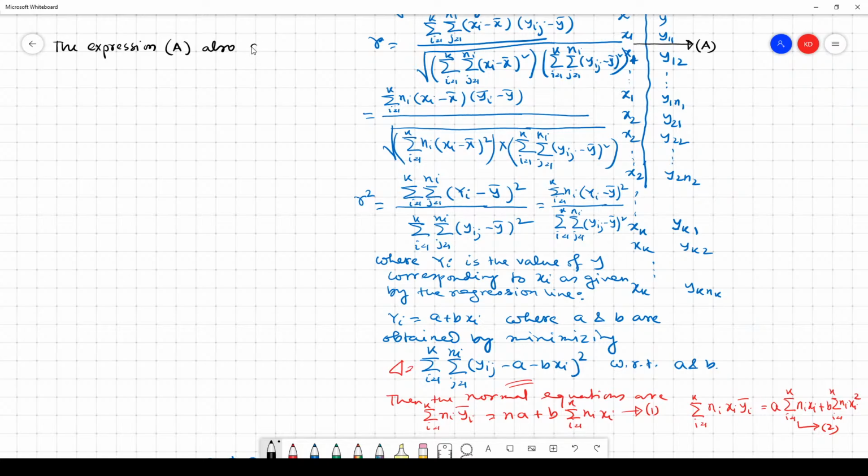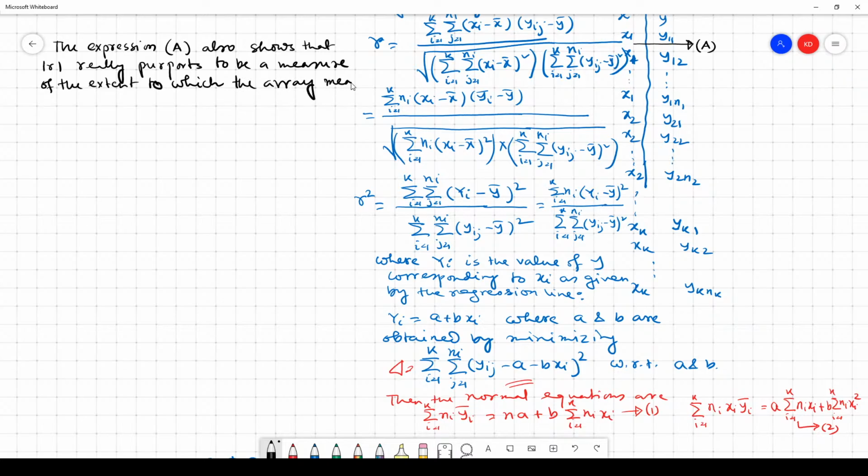also shows that mod R, or absolute value of R, really purports to be a measure of the extent to which the array mean of y for given x depends on x.